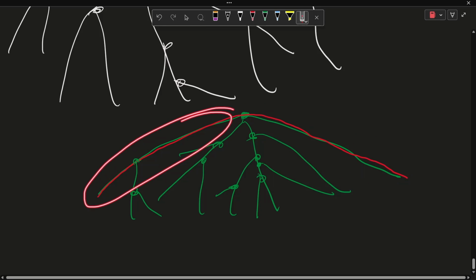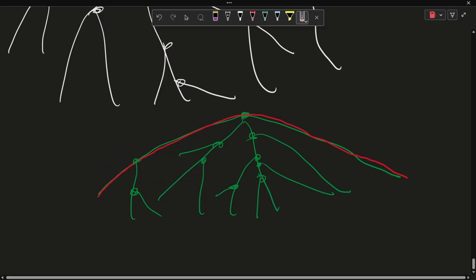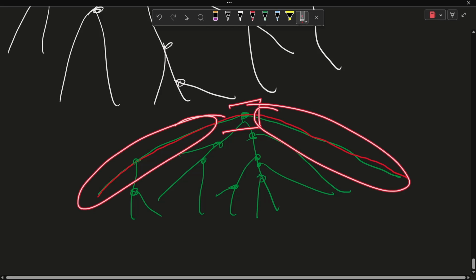One is the first maximum, the other the second maximum, because we know the diameter is the sum of the top two depths plus something. So for this node, which one would have the maximum depth? It would be either this or this.